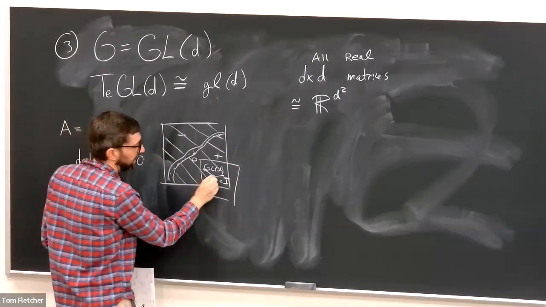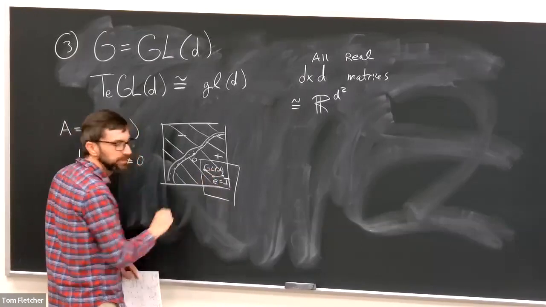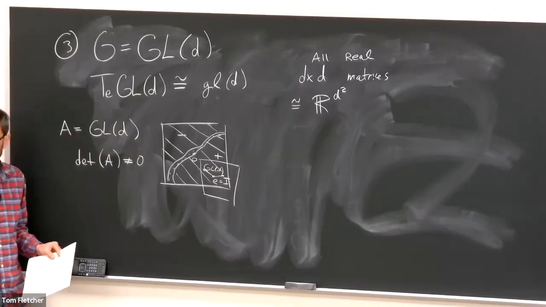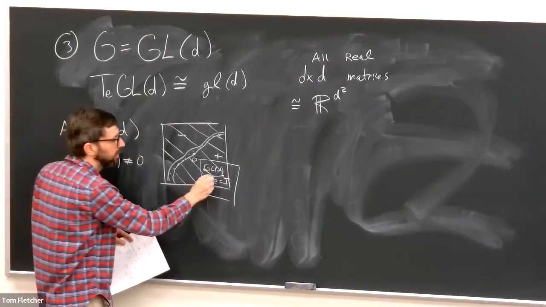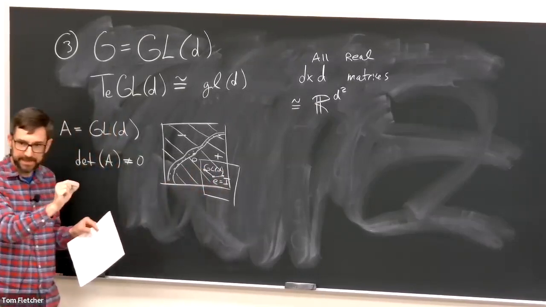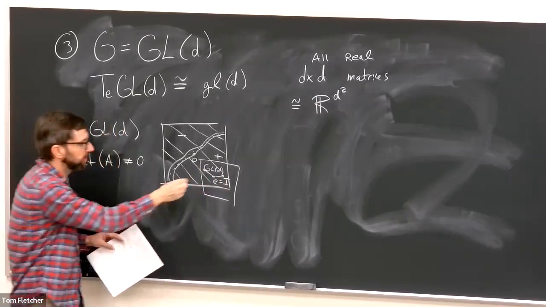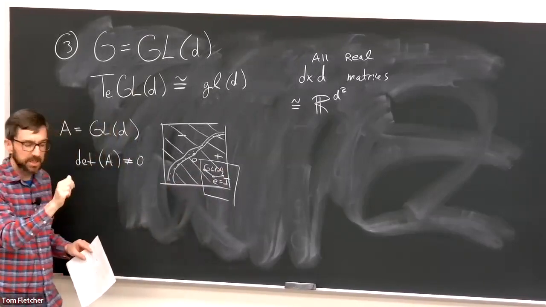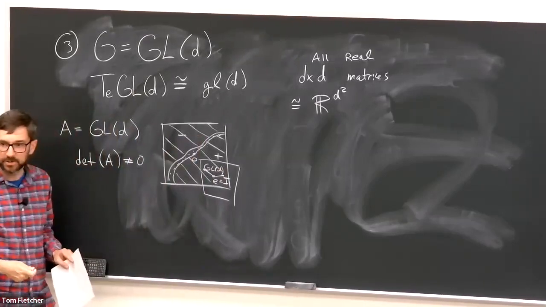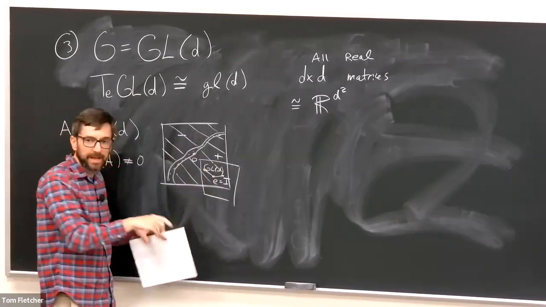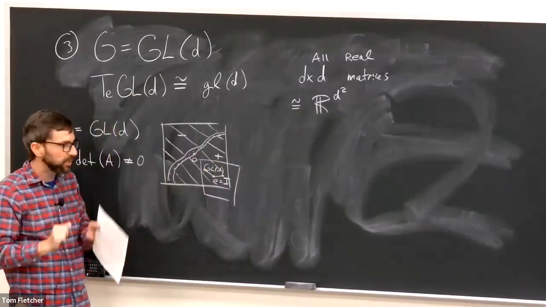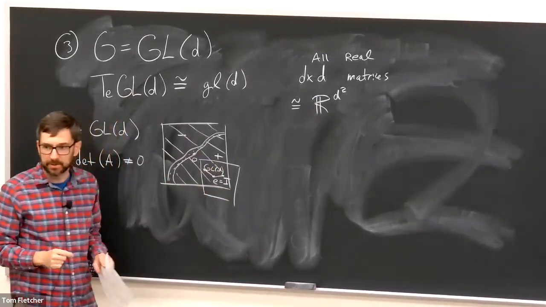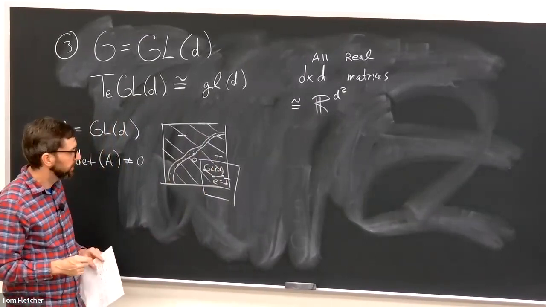If I take the identity matrix, any infinitesimal perturbation of the identity matrix is still non-singular. It doesn't matter if the tangent vector, the perturbation, is itself a singular matrix, because I'm in an open ball, so I can move in any direction, at least by some small epsilon, and I'm still non-singular. That's the intuition of what's going on in that space.